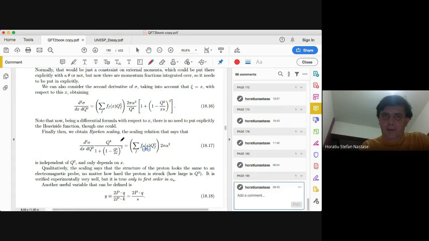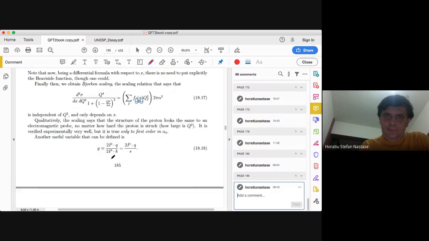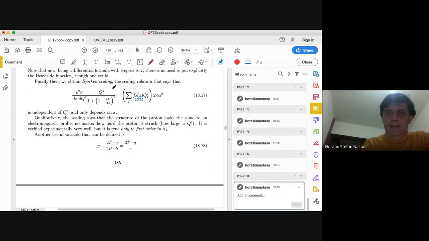But no dependence on Q. And this relation, the fact that we have this combination of the derivative with respect to Q squared and this dependence on momentum transfer on the left-hand side, and on the right-hand side only depends on x, is called Bjorken scaling. So you think of the cross-section as something that depends on the two parameters x and Q squared, and then you have this Bjorken scaling.